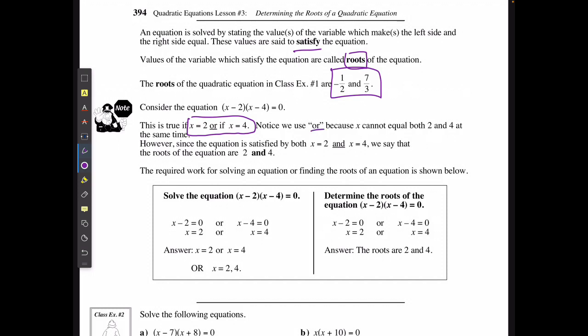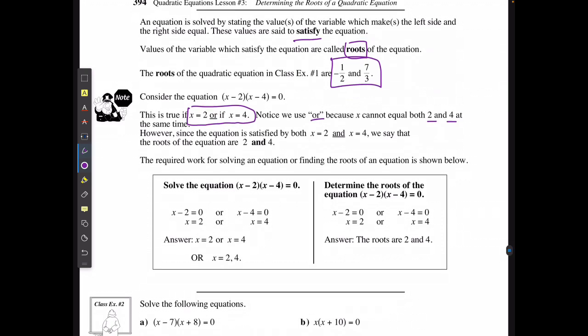Now, we say or because it can't equal both 2 and 4 at the same time. We can only substitute in one value for x because it has to be the same value I put in for the same variable every single time. However, since the equation is satisfied by either x is equal to 2 or x is equal to 4, then the possible roots are 2 and 4, which means that either one of them are possible solutions that could work.